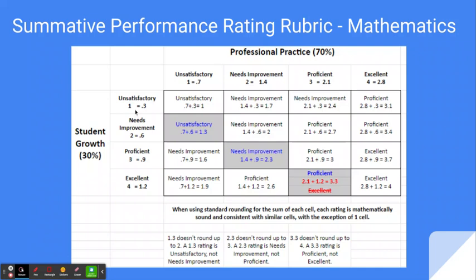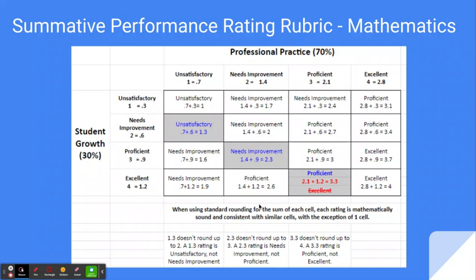Going down the column here for student growth, a 1 equivalent to an unsatisfactory is worth 3/10. We double that for needs improvement, we triple that for proficient, and we multiply by 4 for excellent. Using simple addition, then, we can produce a sum for each cell.